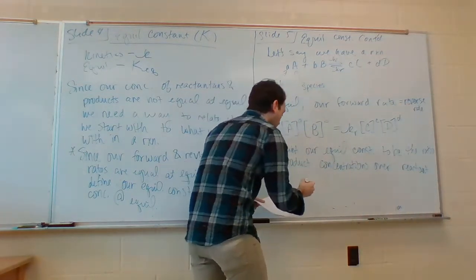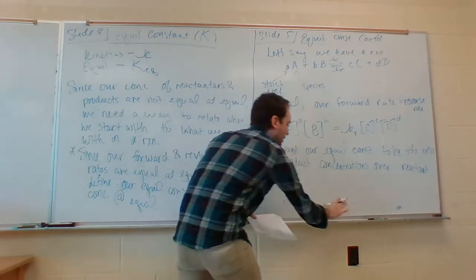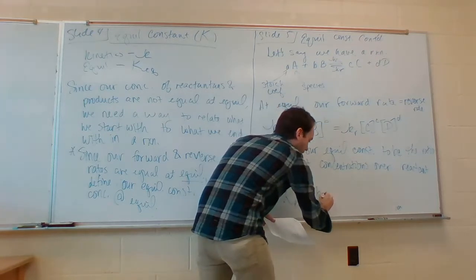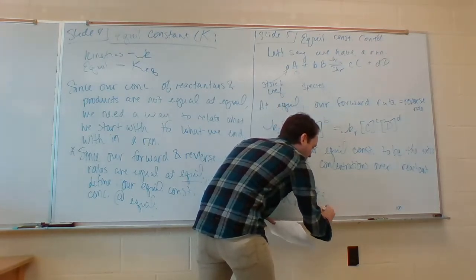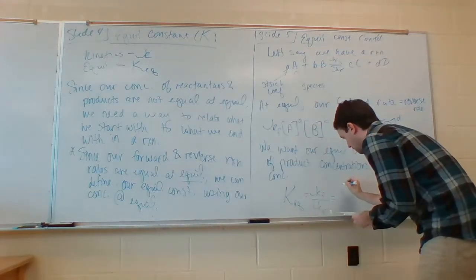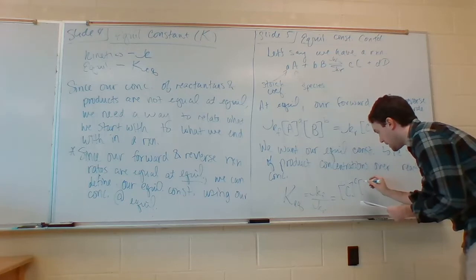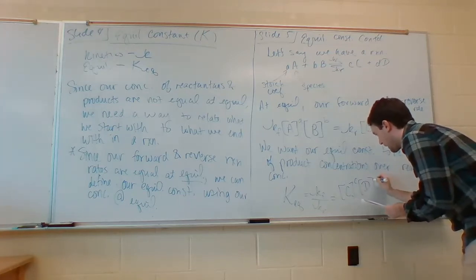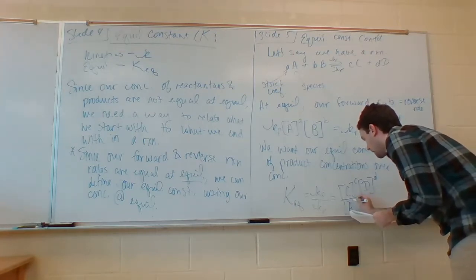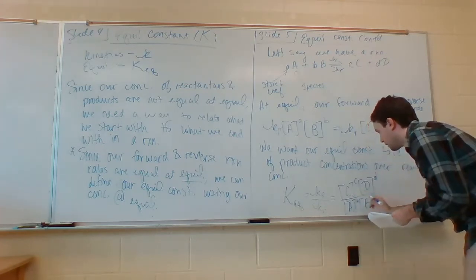All right, so that would mean that our KEQ, my equilibrium constant, is going to be equal to my rate going forward, KF, over my rate going backwards, KR, which is equal to, and this is the important one, concentration of my products, C to the c times D to the little d, all over my concentration in A to the little a times my concentration in B to the little b.